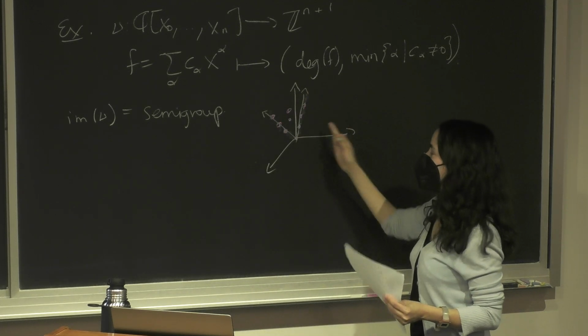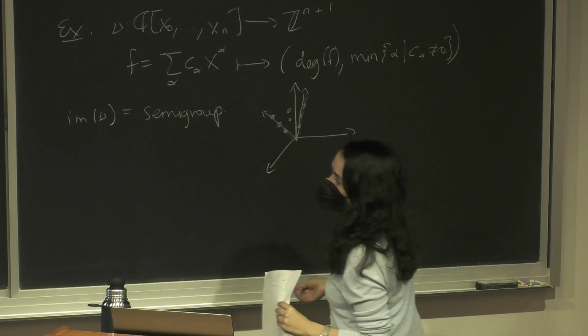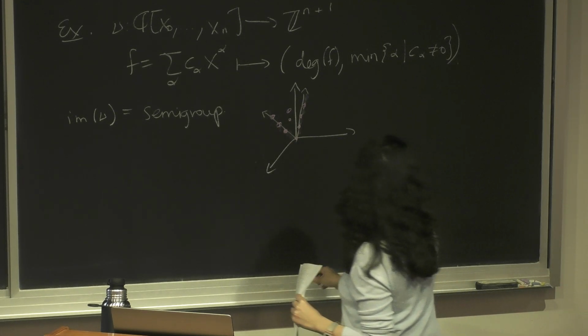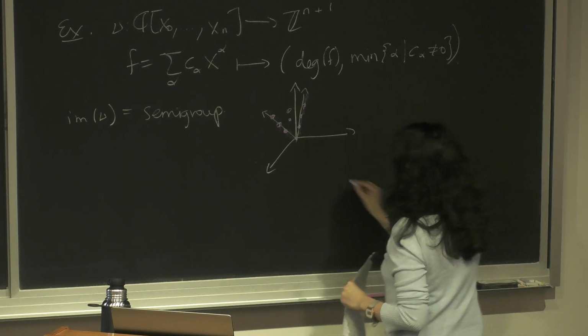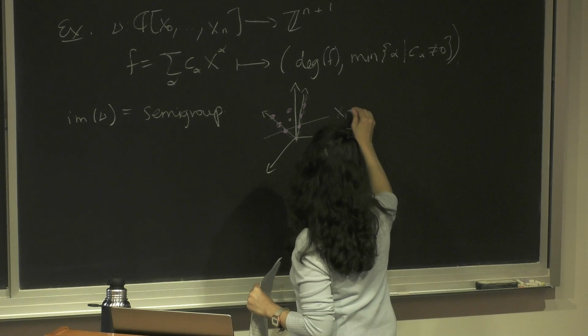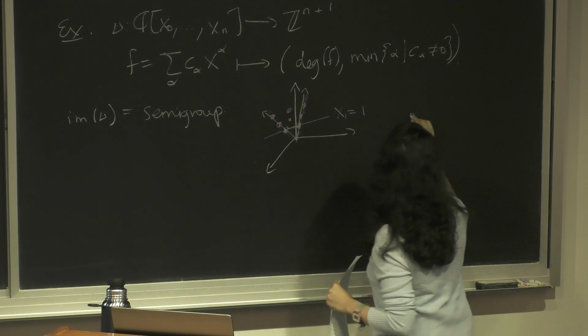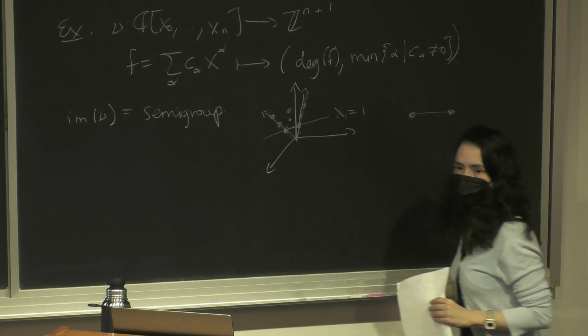And in this case, you don't have to close it. So you just take the cone spanned by this, and then you intersect it with this hyperplane where the first coordinate is equal to 1. And so you're going to get that your Newton-Okounkov body is this line interval.